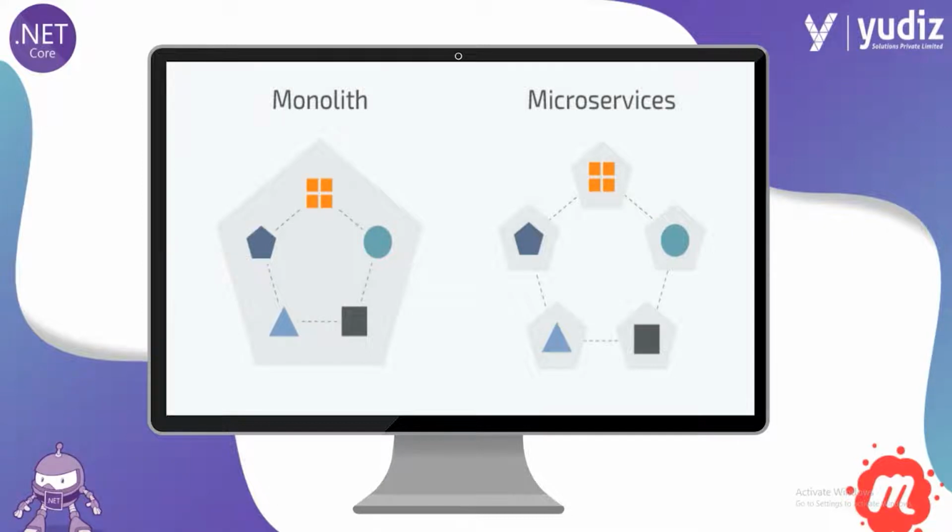If you can see, the first image is telling us about monolithic applications. Here you can see all the functionalities of a project exist in a single code base, in a single application. The second image is telling us about microservices.